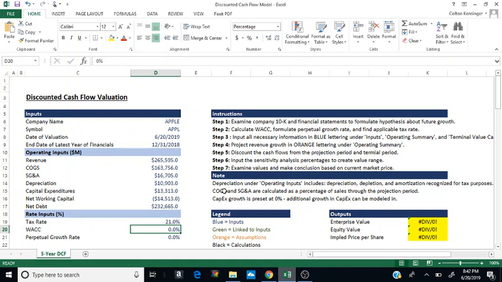So for weighted average cost of capital, this would be another good video that I could put together. Basically, it is the WACC as it's referred to. It's going to be the cost of the equity and the cost of the debt and the cost of any preferred stock all blended together. So we're not going to get too far into that. I pulled a number for Apple.